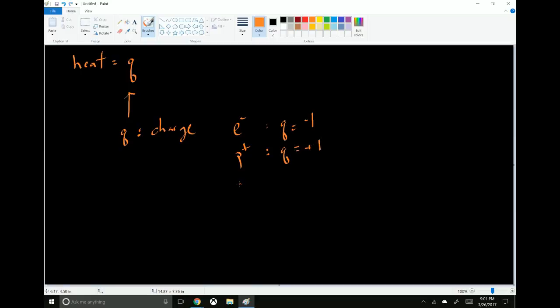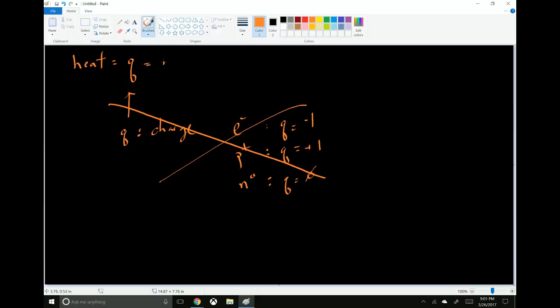And finally, the neutron has a charge Q equals 0. But there are only so many letters in the alphabet, and this won't always be the case. Sometimes Q represents charge, but here in thermodynamics, Q represents heat. Yes, this is difficult. Yes, you're going to hate it. Yes, you're just going to have to get used to it.